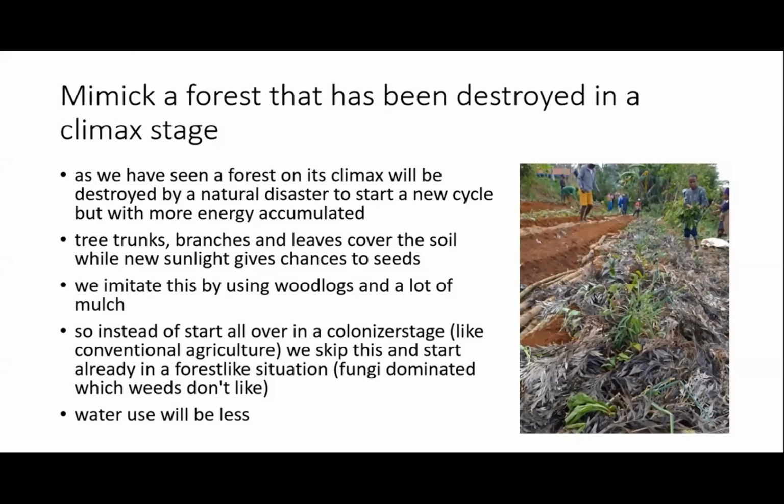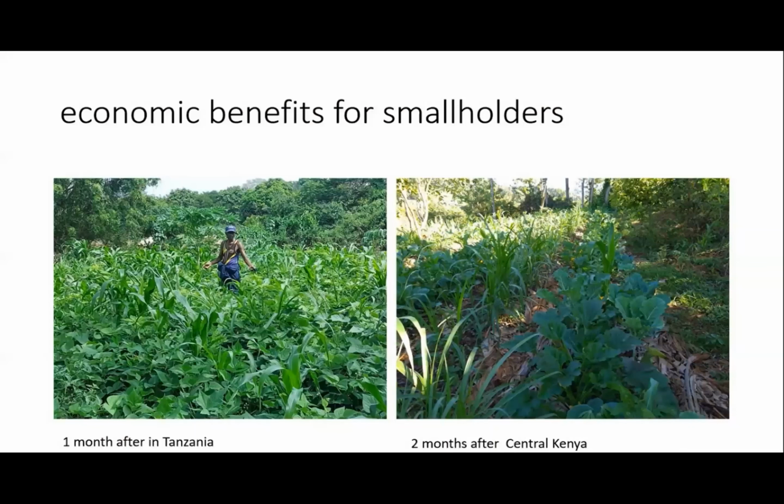So instead of starting over again in the colonizer stage, like conventional agriculture does every time they plow, every time you plow you bring your land back into the colonizer stage. Yeah? So we skip this and start already in the forest-like, fungi-dominated situation in which weeds don't like to grow. And less water will be used because of all the organic material that soaks up water, that stores water, that can contain the water for a longer period than if there's no organic material.